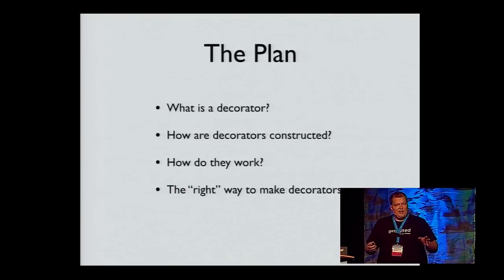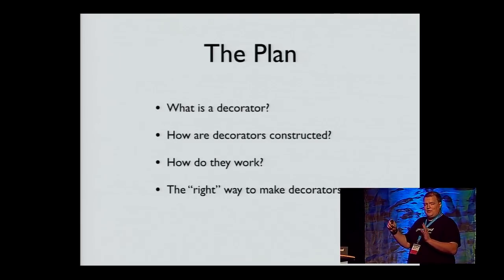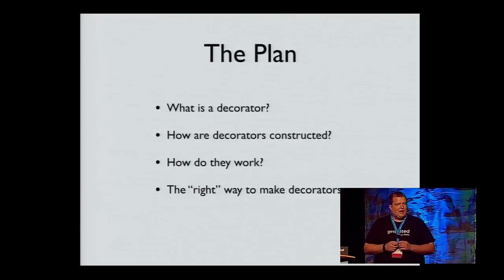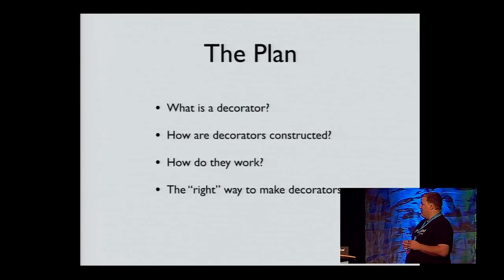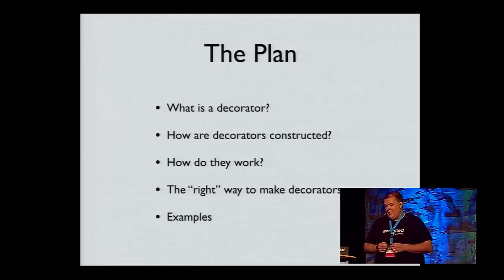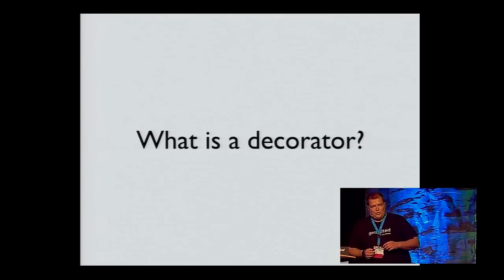I'm going to briefly talk about the right way to make decorators. I'll talk about this more later, but Graham Dumpleton is actually doing a replacement talk, first track, last talk of the day, and he's going to go way deep into the right way to make decorators. So if you're interested in that, make sure you go to that talk. And we are going to hit a couple of examples as well.